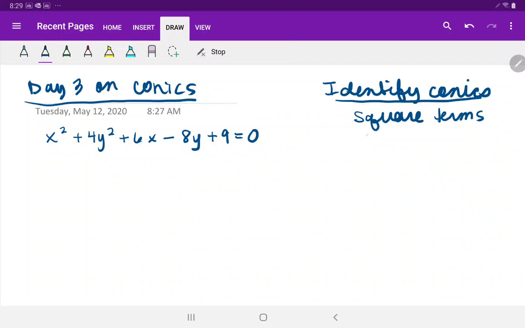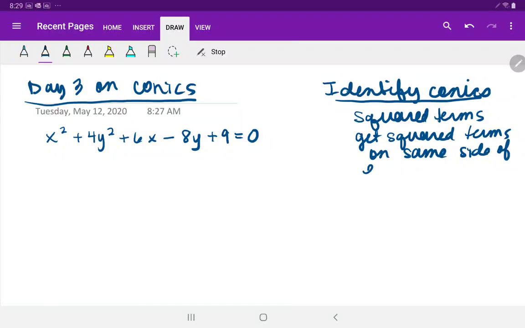Okay, so step 1 is get the squared terms on the same side of the equal sign. And then step 2 is you count the squared terms.